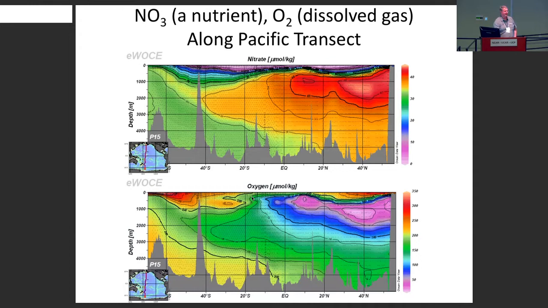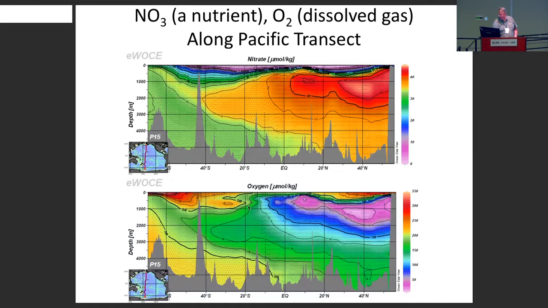So much like when soil is remineralized, consuming oxygen, this also happens in the ocean. So there's largely a negative correlation between nutrients and oxygen in the ocean. Where this remineralized nutrient is maximum, the oxygen is minimum, because that remineralization of the organic matter, primarily by bacteria, is leading to low values of oxygen.